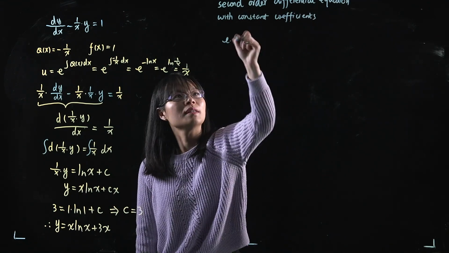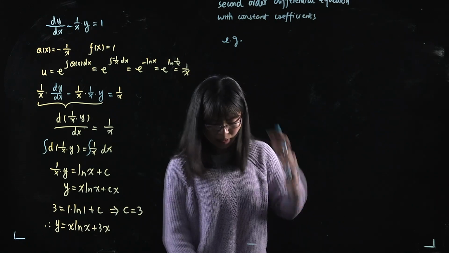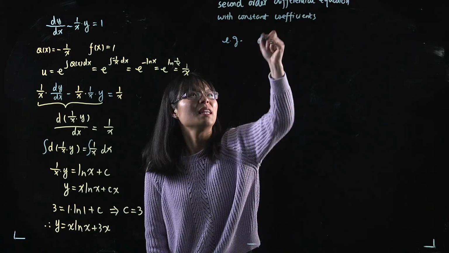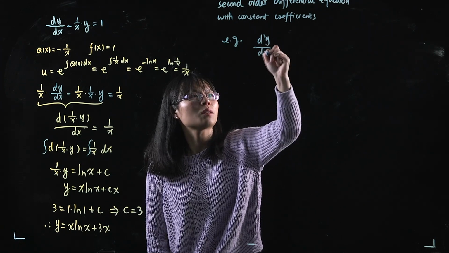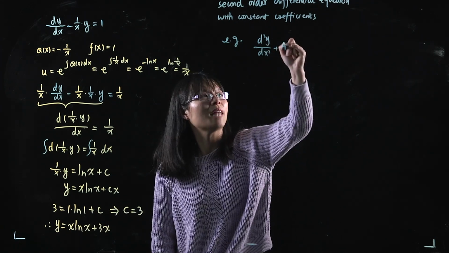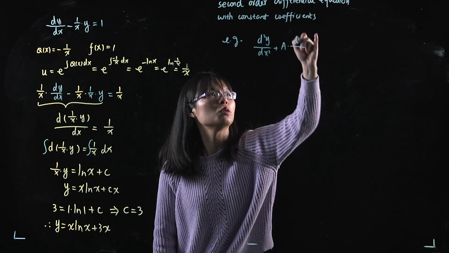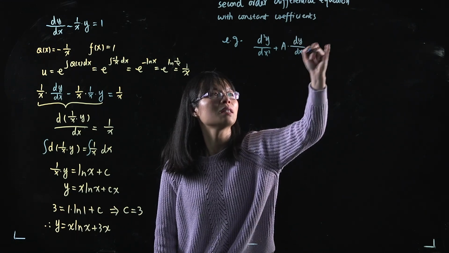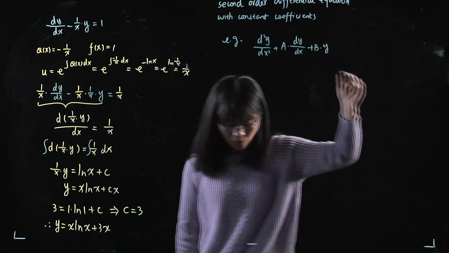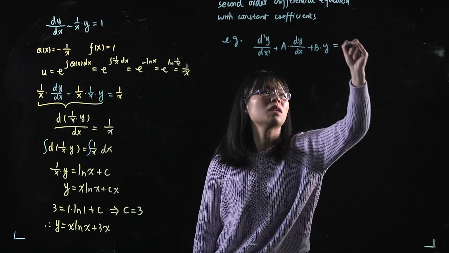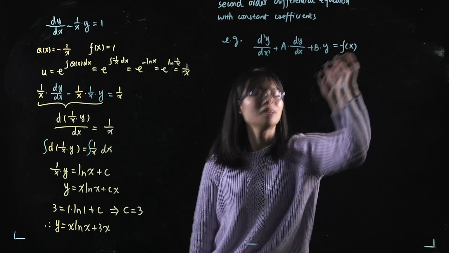Okay, one example of the form of the function is d squared y over dx squared plus a times the first order derivative dy over dx plus b times the y term. On the other side of the equation, you can have f(x).